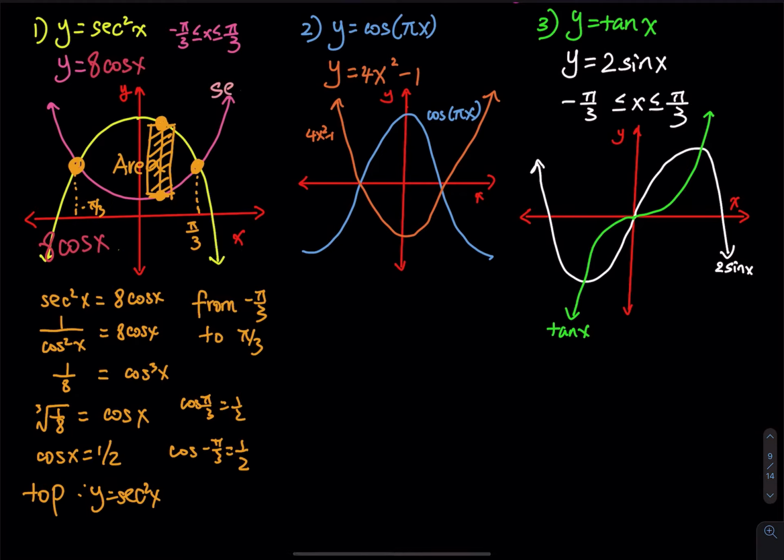So this is secant squared x, and I have to change that to secant squared x. The reason I realized that is you square the secant, that means there is no curve below the x-axis. So that's why that is secant squared x.